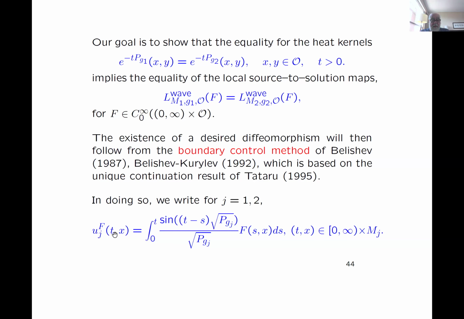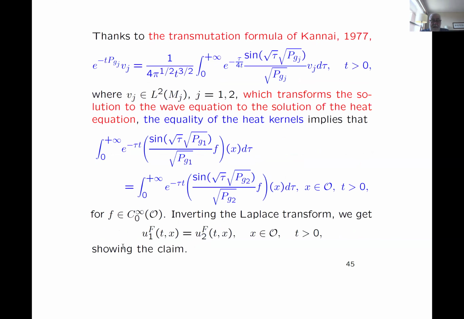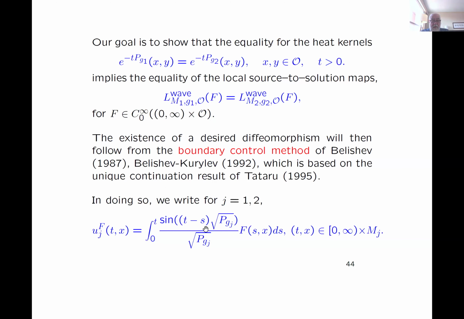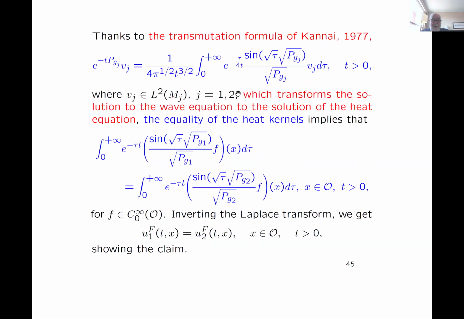And one uses this connection between the heat kernel and the wave kernel. So this is the solution for the wave equation. And there is a transmutation formula of Kannai that relates the heat equation to the wave equation. And so you get that the wave equations times this factor are the same, and then some Laplace transform of the wave kernels are the same.